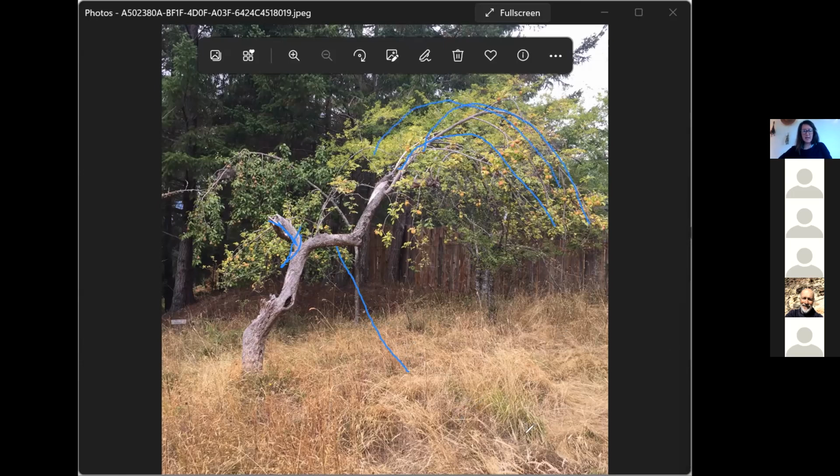And so the key is just going to be using, I would say, a lot of thinning cuts. And then next year, cuts to shorten the branches.